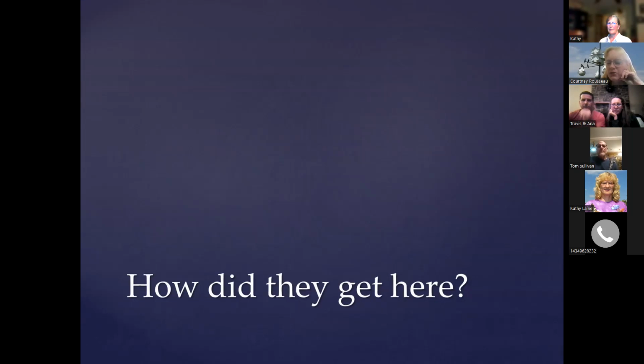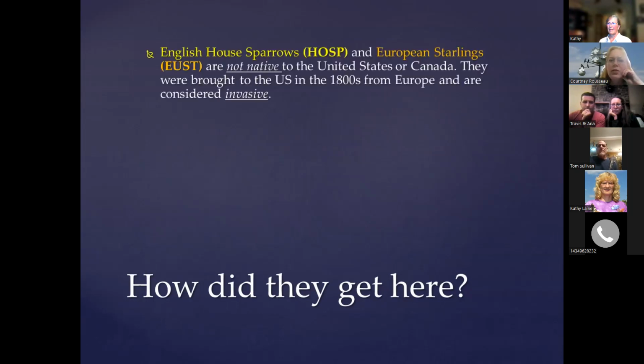And you may have noticed that we said European starlings and English house sparrows. English house sparrows, also known as HOSP, and European starlings, also known as EUST, are not native to the United States or Canada. They were brought to the US in the 1800s from Europe and are considered invasive.